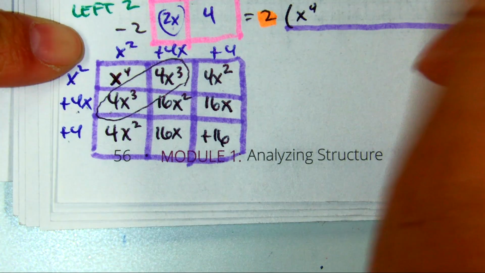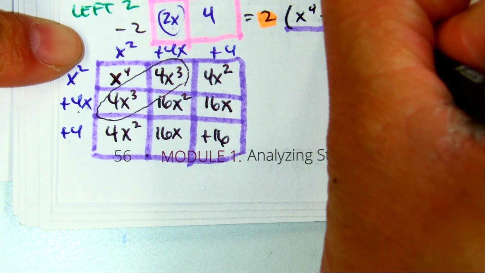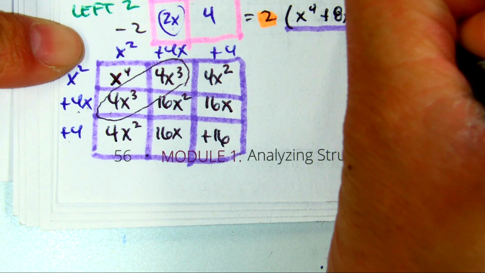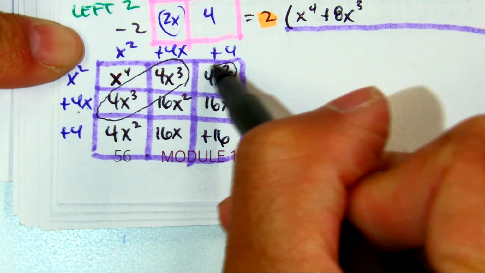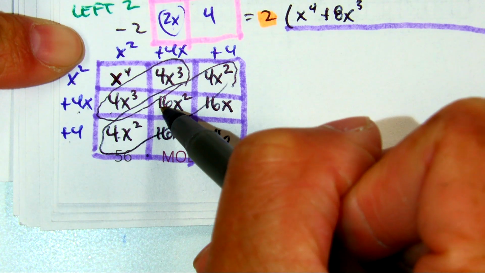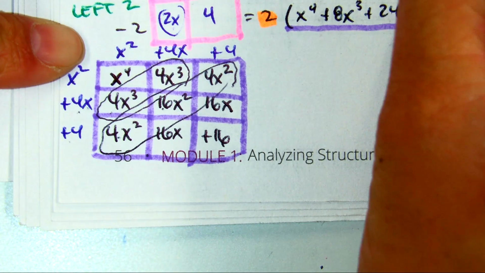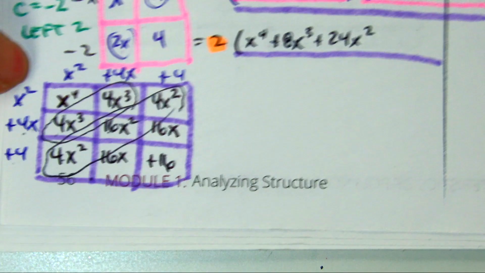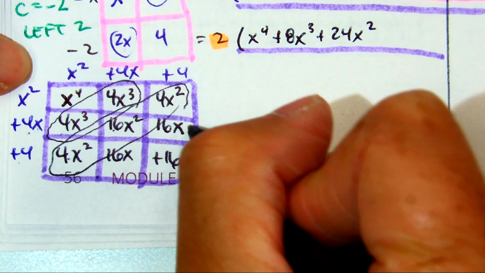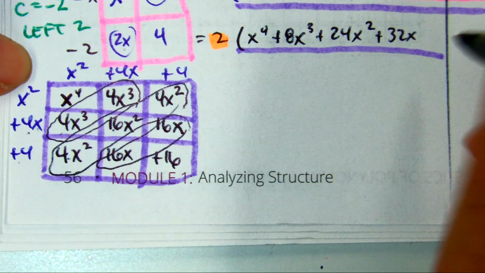Do you have a question? And if I add all of these, 4 plus 16 and 20 plus 4, 24x squared. And then 16 plus 16, 32x plus 16.